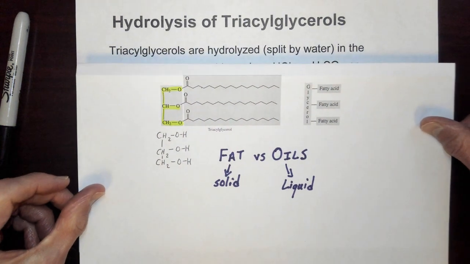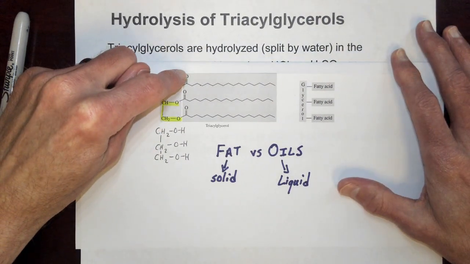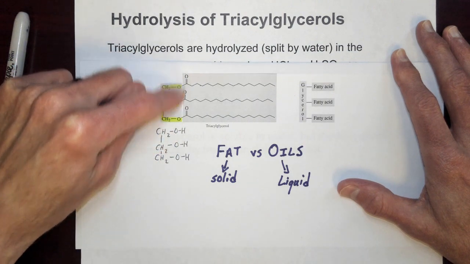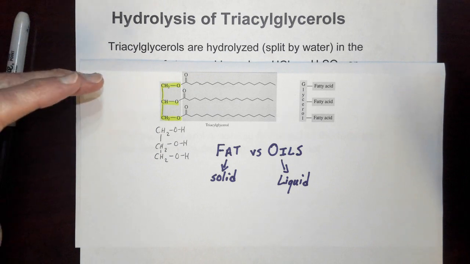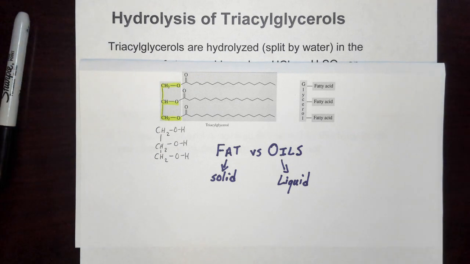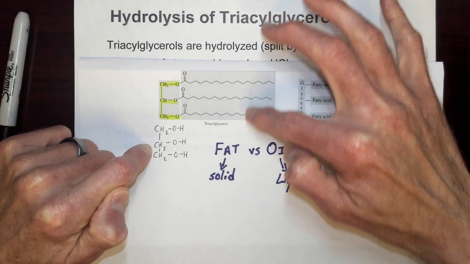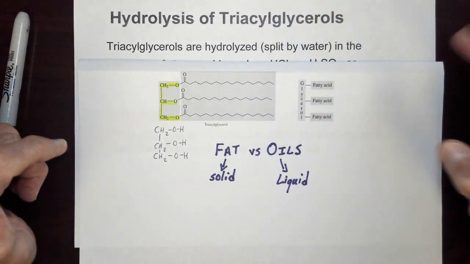So when we go across that bond, it is split with water, okay, and we get back our original components. We get the glycerol and we get our 3 fatty acids. Okay, so we get them back.